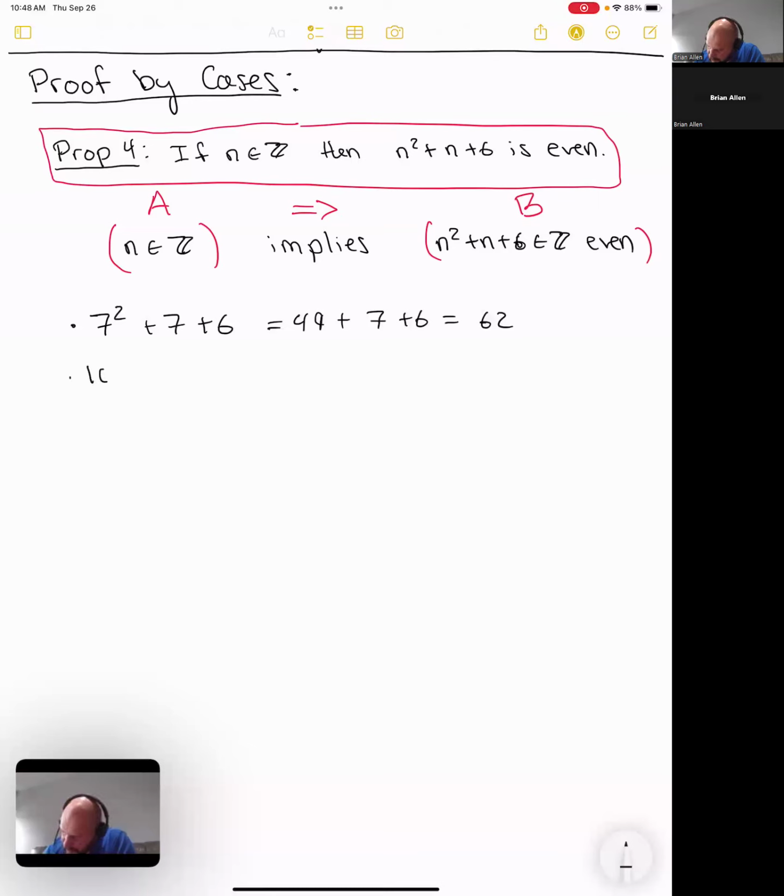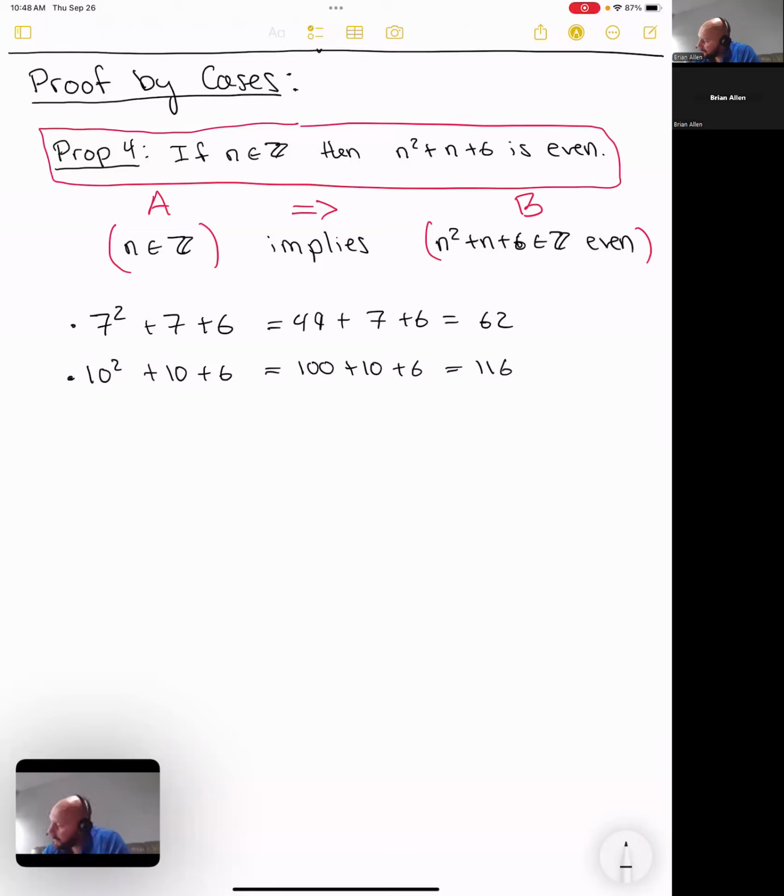Then let's see what happens if I plug in an even number, 10. Now I get 100 plus 10 plus 6, which of course is 116. It's interesting to note that if I plug in an odd integer, I get an even, and if I plug in an even integer, I get an even. So that's why the statement makes sense for any integer.